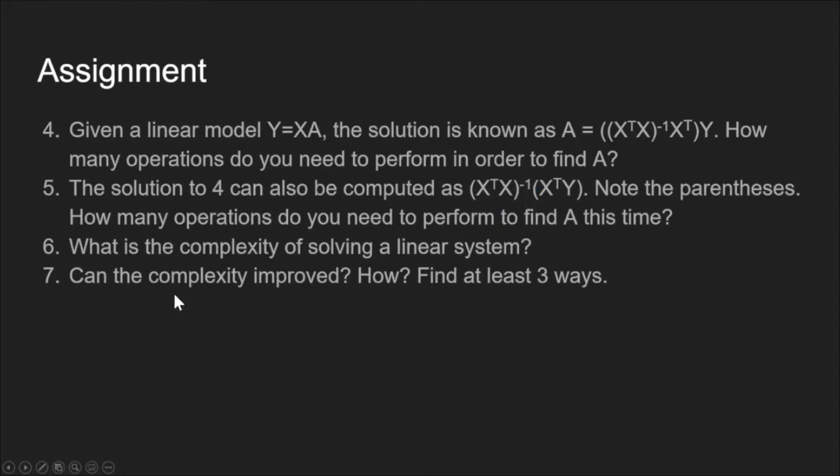And then from that, you're going to discuss the complexity of solving a linear system, and some of your creative ideas on how to improve the complexity. Improving complexity means reducing the complexity, so try to find at least 3 ways.